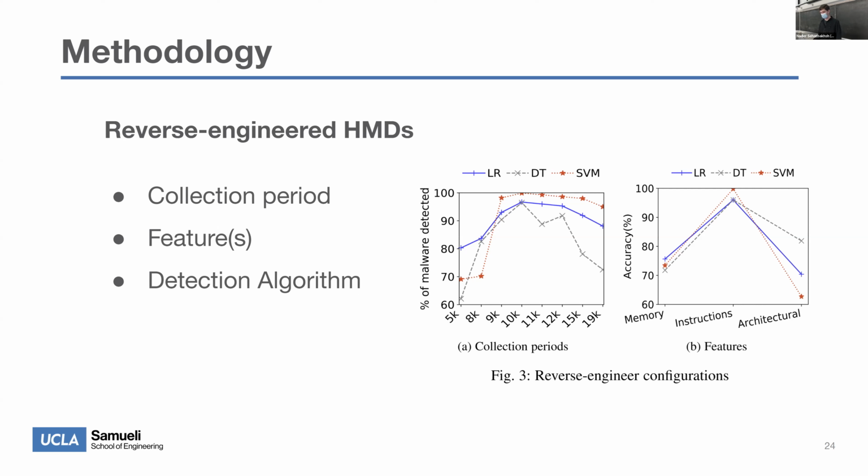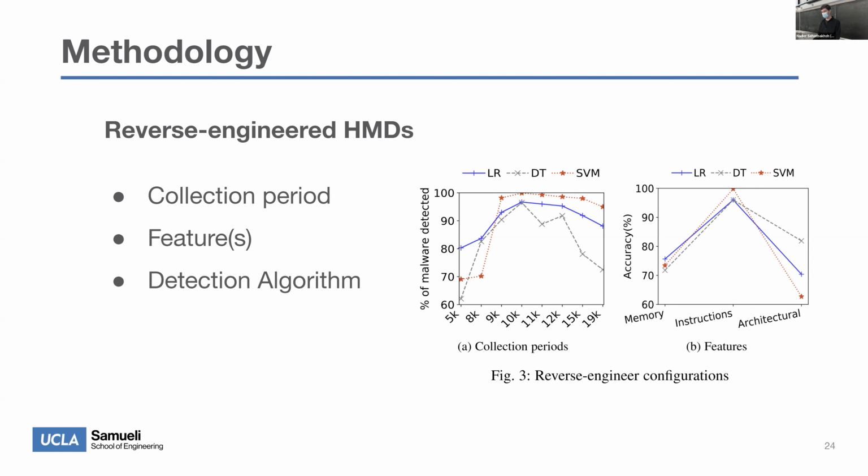And then the features are what we talked about before, looking at instructions or memory or other architectural events. After training these classifiers on potential collection periods and features, we can see which one most accurately detects malware.